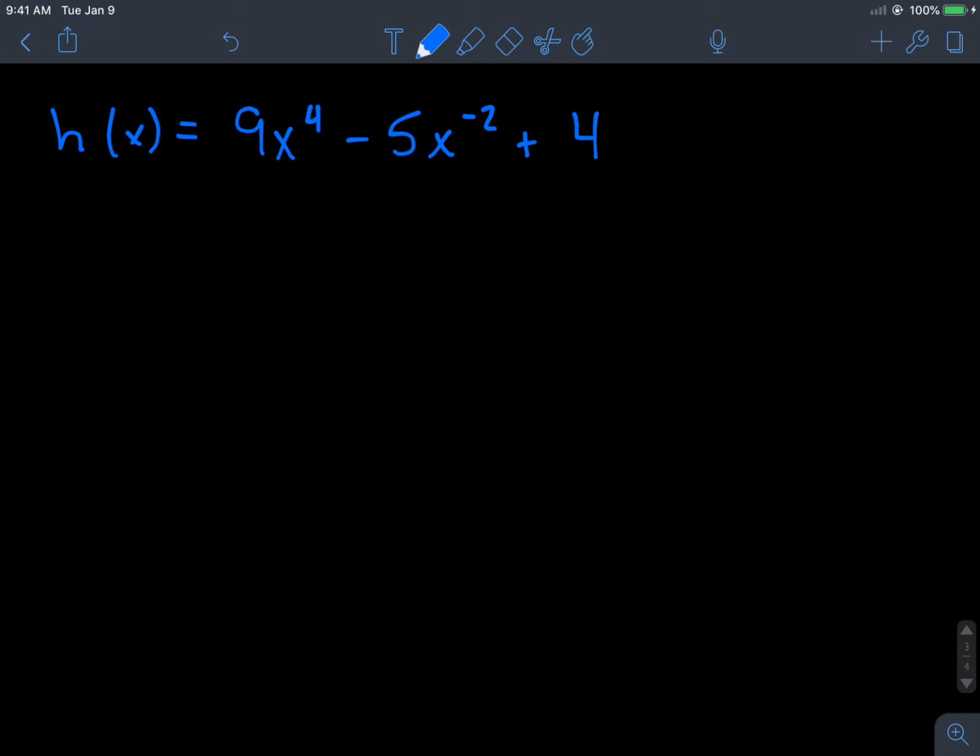We have exponents of 4, negative 2, and then our constant term. That negative 2 is not a whole number. Whole numbers begin with 0 and then the positive counting numbers. So since we have a non-whole number exponent, this is not a polynomial.